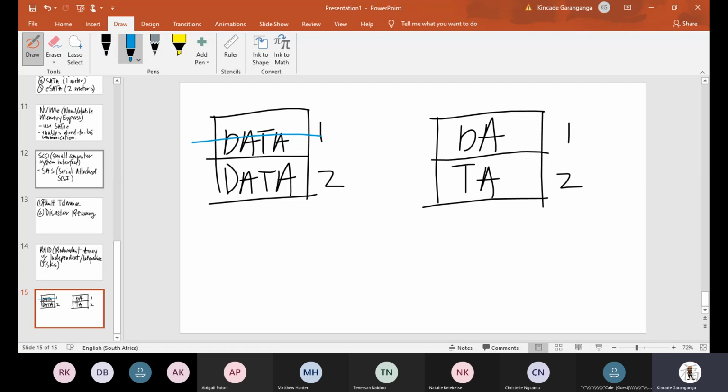Should, for argument's sake, drive 2 malfunction, it means that if you want to then reconfigure your data or salvage your data or try and get your data back, what you have in this particular instance is just content that is on drive 1, which is DA. You're actually missing the TA there, all right?